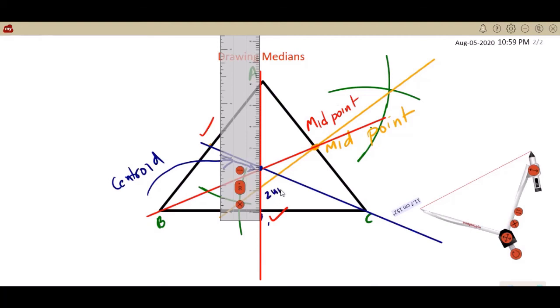That means 2 units here, the rest is 4 units, totally 6 units or 6 centimeters, if centimeter is your unit. So you have 2 units here and 4 units from A to the centroid.